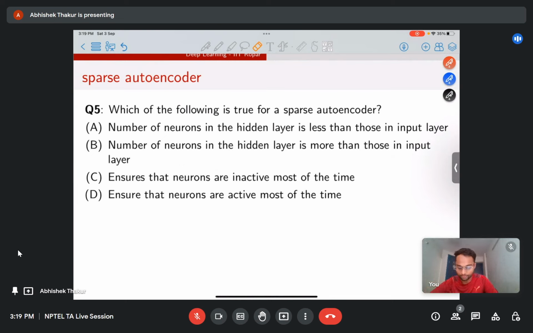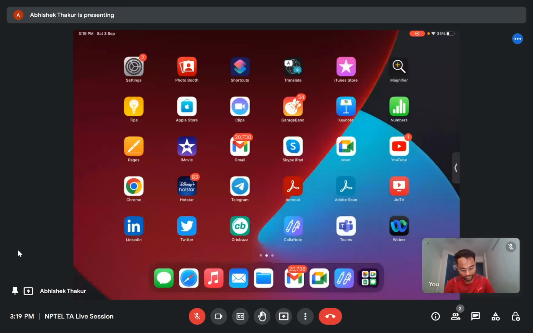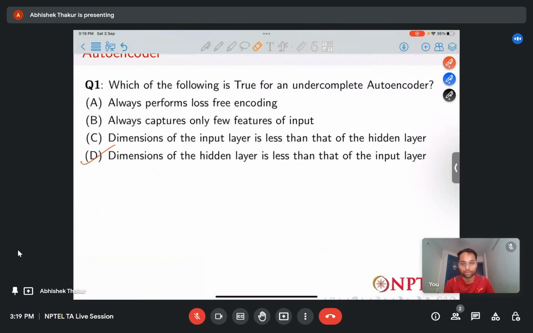No, this is not the case for the sparse autoencoder, because we have already studied that this is for the undercomplete autoencoder, where the dimension of the hidden layer is less than that of the input layer.